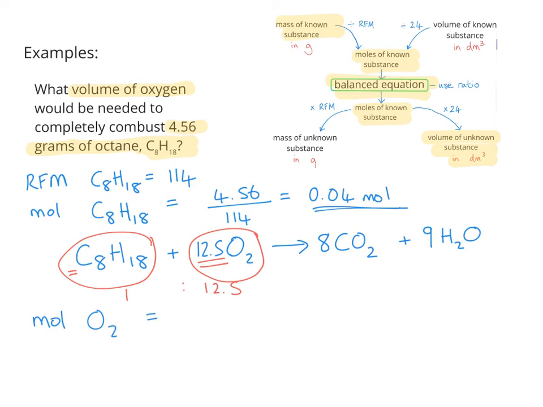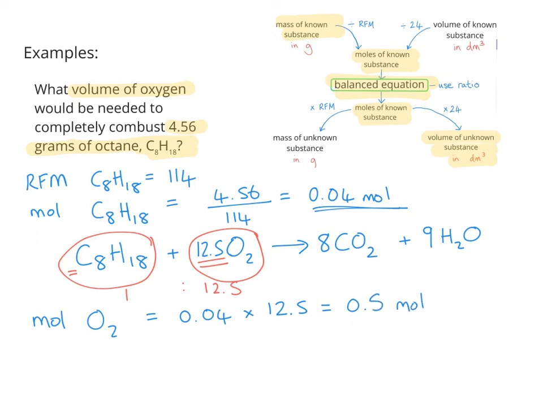It's going to be the number of moles that I've got, 0.04, times how many moles react with that, so 12.5 times as much oxygen as octane is needed. 0.04 times 12.5 gives me exactly a half, 0.5 moles.